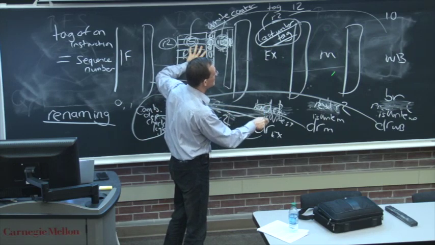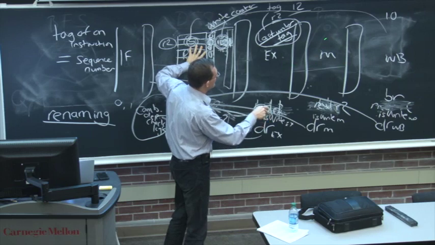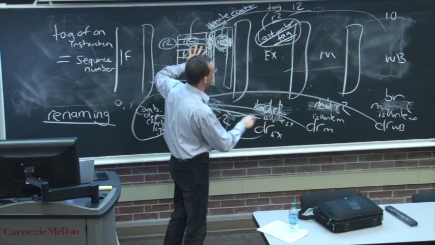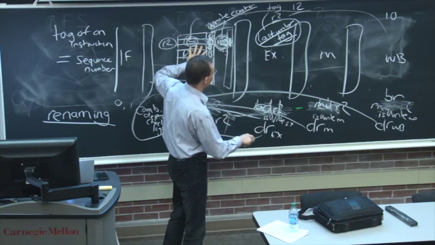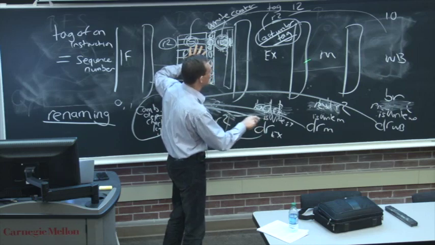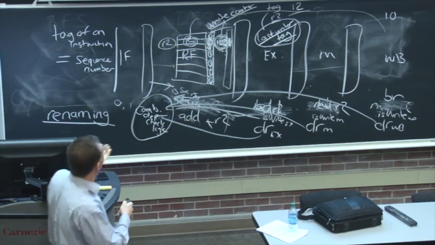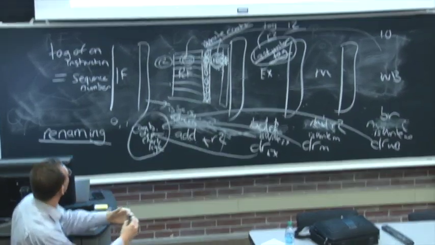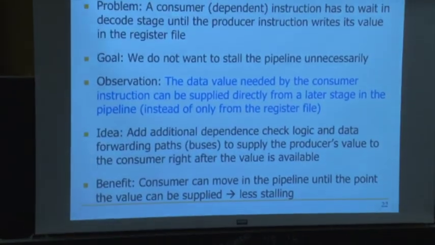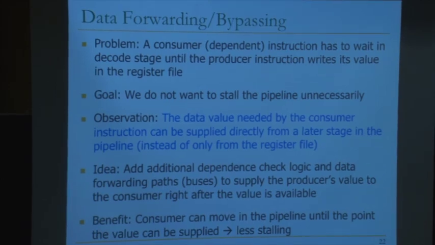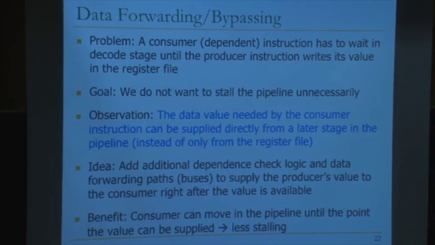Similarly, a load instruction that accesses data from memory, you don't wait until it writes its data all the way back to the register file, but a dependent instruction can now get the data from the memory and execute with that data. That's the idea. The benefit is that the consumer can move in the pipeline until the point the value can be supplied. You have less stalling in the pipeline. And you will actually implement in your lab how to do this.